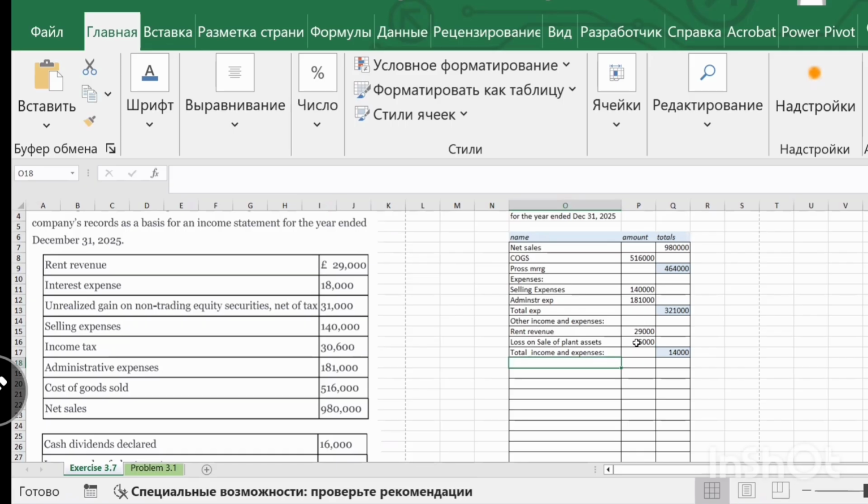So after that we have, what do we have? Okay, interest expense. But before making any interest expense, we should.